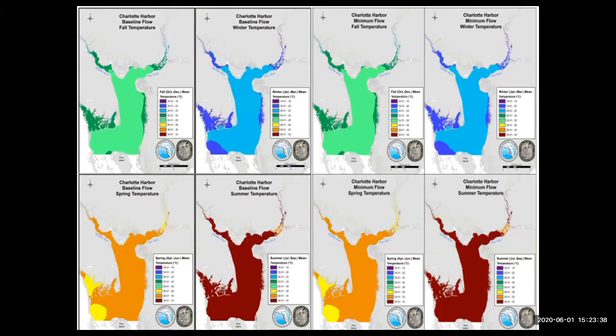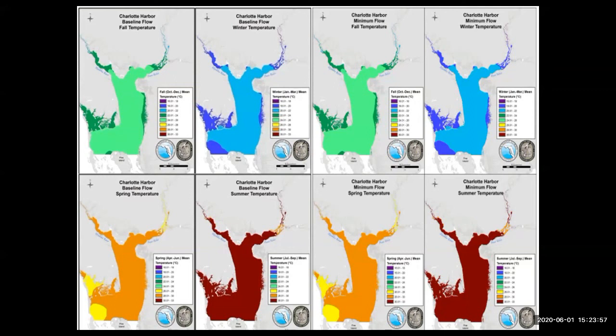So here you can see the temperature maps, again, for fall, winter, spring, and summer. On the left for baseline, on the right for minimum flows. And again, there's very little difference in these maps, but there's supposed to be a difference here.